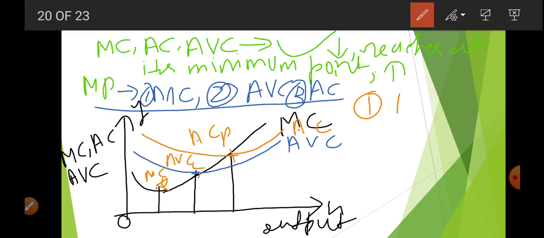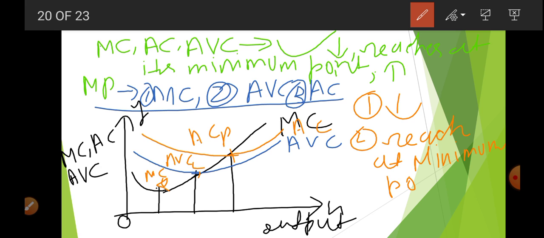What you have to keep in mind is that all these three are U-shaped because all the three firstly decrease, second reach the minimum point, and lastly all the three start to increase. So the same thing you are finding here. And why? Because of the law of variable proportion. Reason is the law of variable proportion.